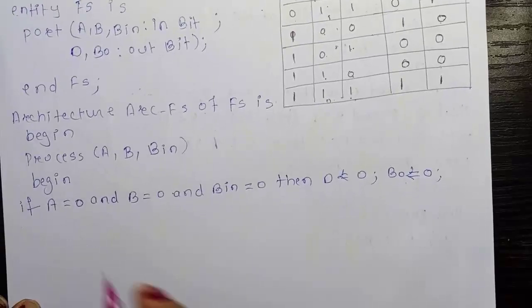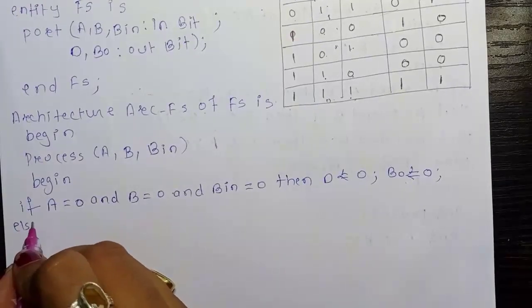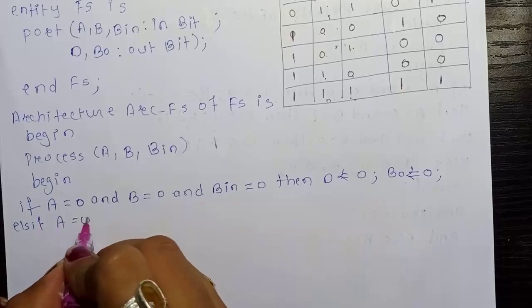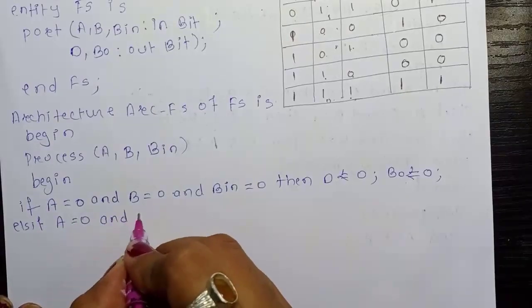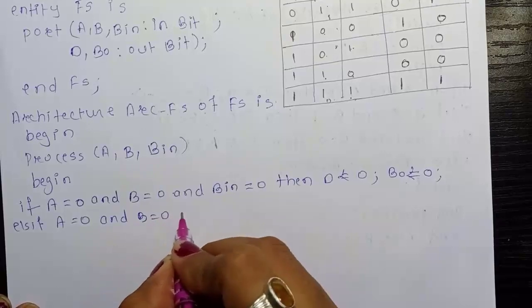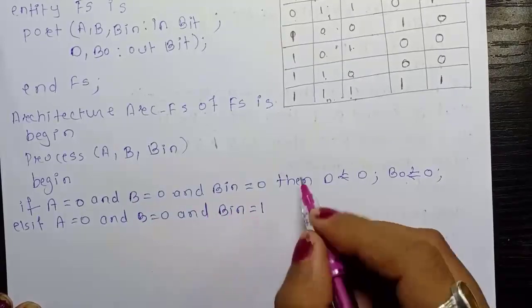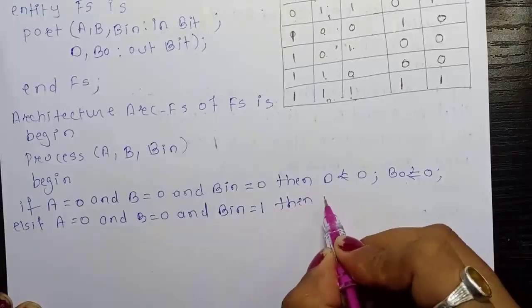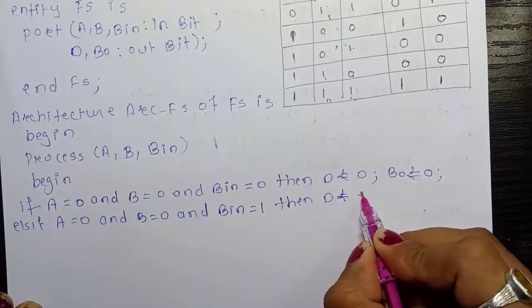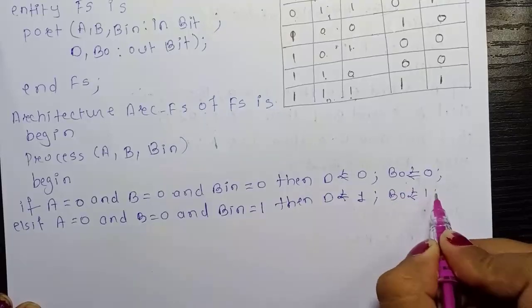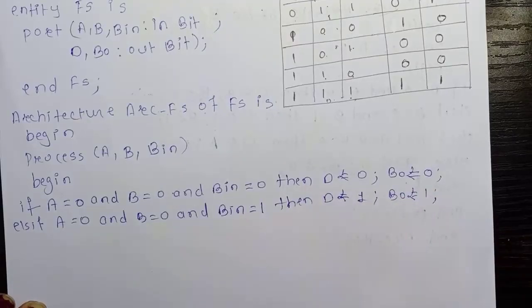Okay, now else in any other condition, that is else if A is equals to 0 and B is equals to 0 and borrow in is equals to 1, that time my difference is assigned to 1 and my borrow out is again assigned to 1.